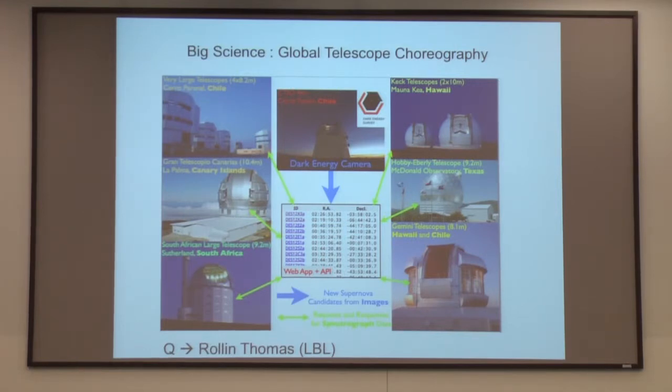The last example I have is one that's early on. It's really in planning stages, but when something interesting happens in the sky, the current methodology to get people all over the world to point their telescopes at that interesting thing is our cell phones. They call people in the middle of the night and they say, hey, we saw something, why don't you point your telescope over there?